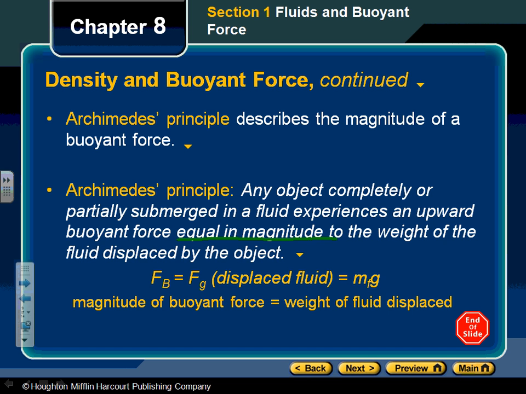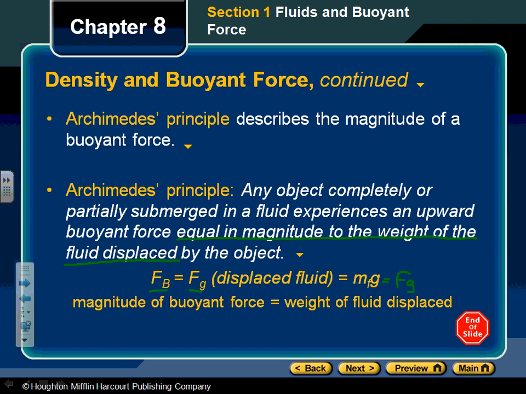So basically buoyant force is equal to the weight, which is the force of gravity, of the displaced fluid, which is mf times the acceleration due to gravity. So buoyant force is equal to the weight of the displaced fluid.